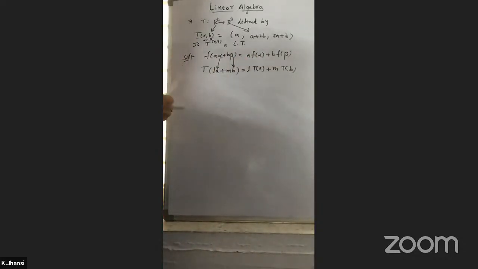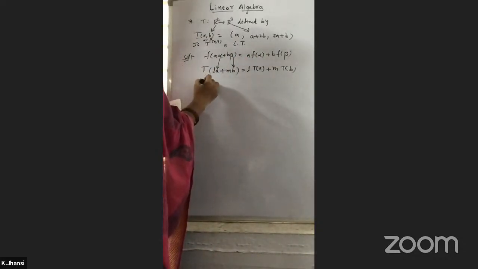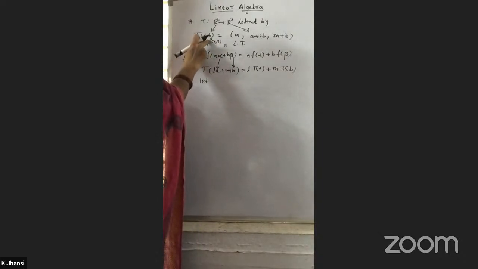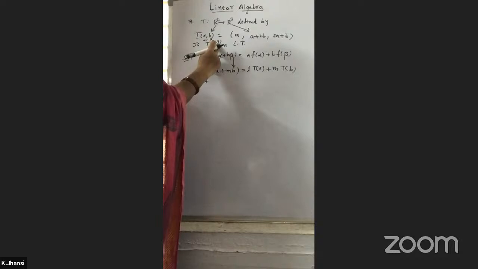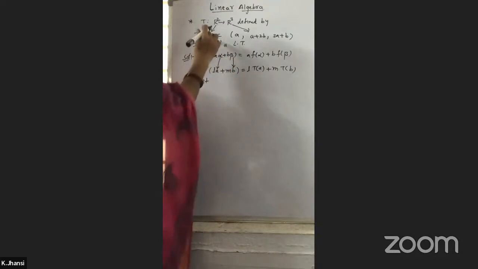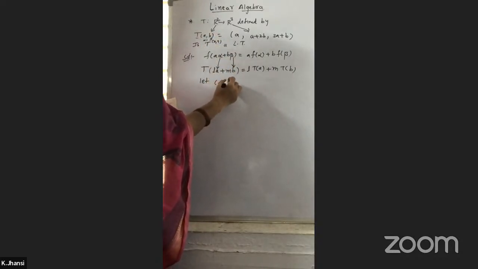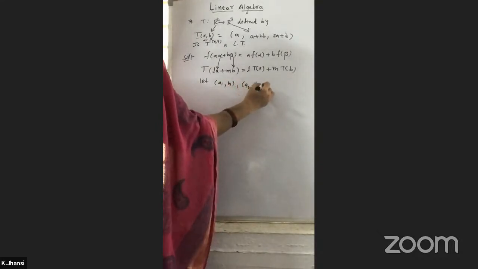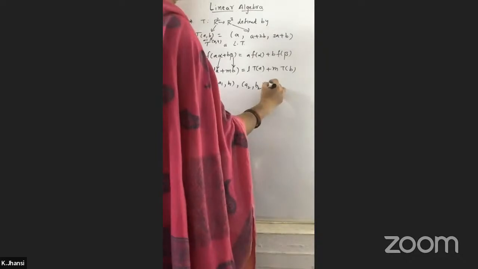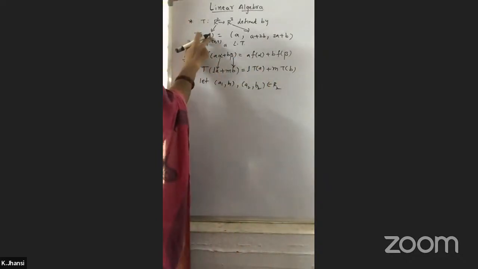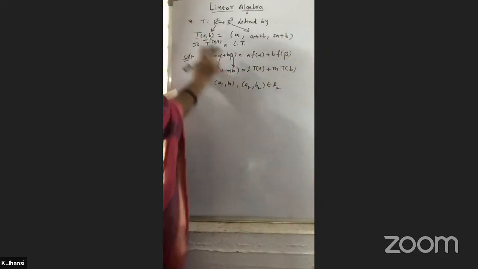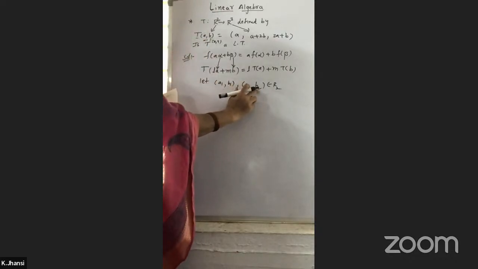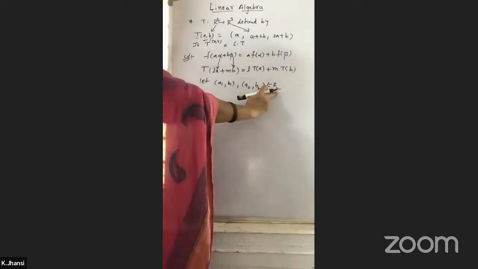For that, let A comma B be there. If in the question alpha comma beta, or X comma Y, is given, you can take A1 comma B1 and A2 comma B2 belonging to R2. Here there are only two elements. So A comma B is defined as A1 comma B1, A2 comma B2, which belongs to R2.